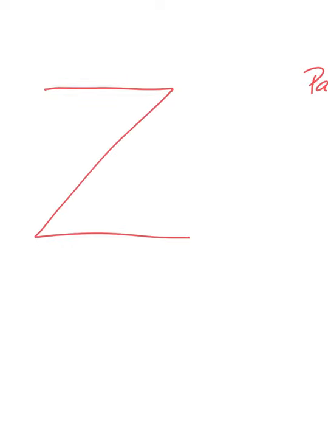Whenever you see parallel lines, so let's say I have this, and this is equal to this. That's parallel to that. You can look for alternate interior angles.